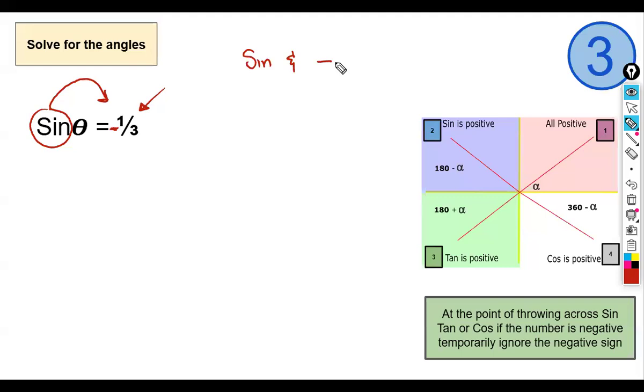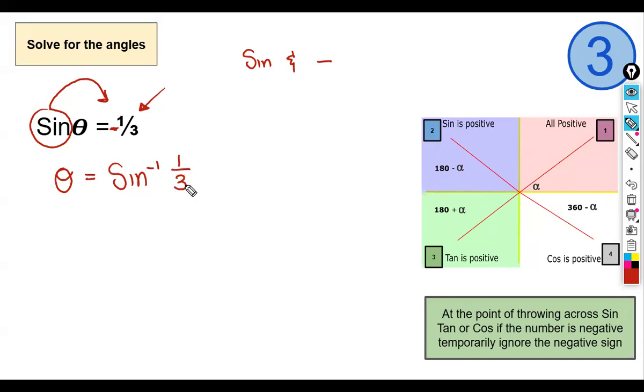That's how you would describe this question. What do we do when it's a negative question? The note, once again, is at the bottom right-hand side of the screen. You temporarily ignore the negative sign. When you throw across the sine, you're going to get sine inverse, and you forget that negative sign. So you find sine inverse 1/3.